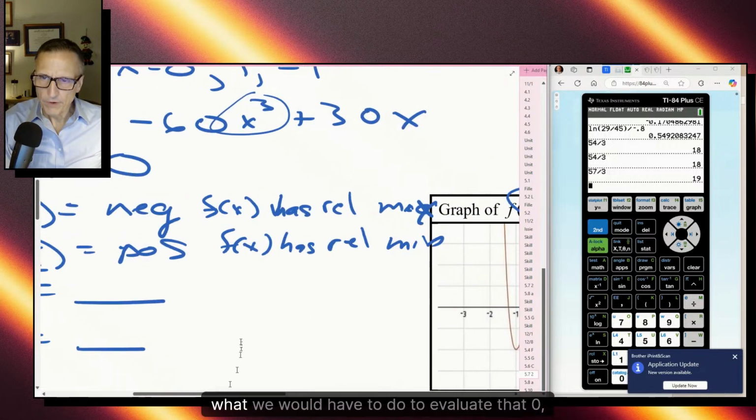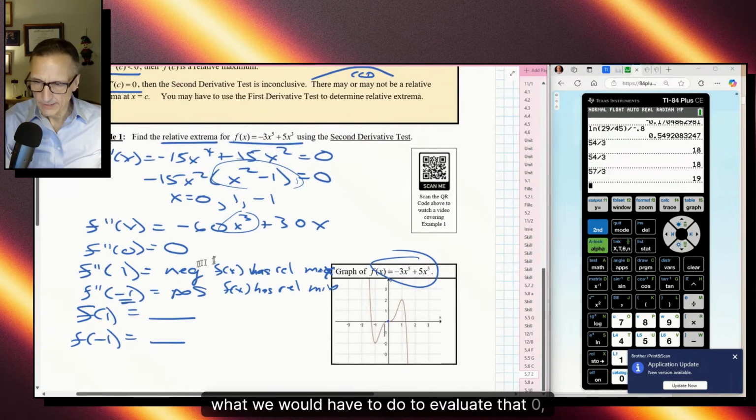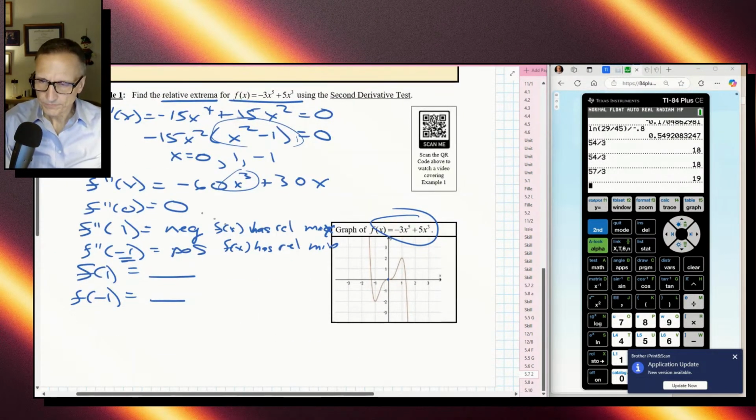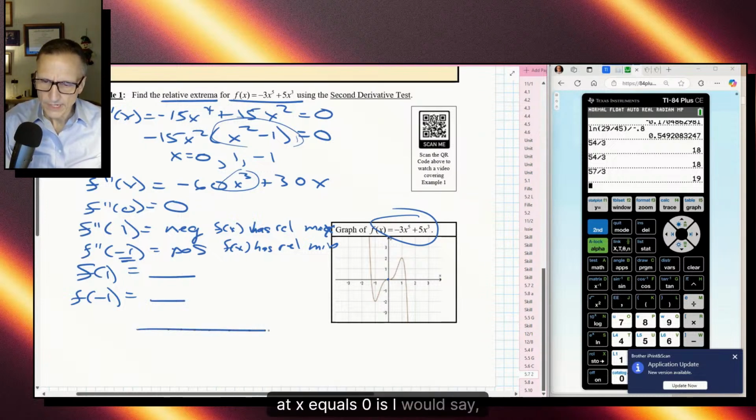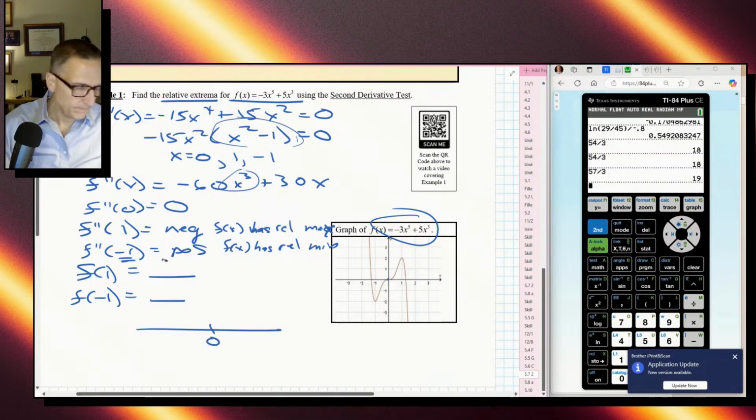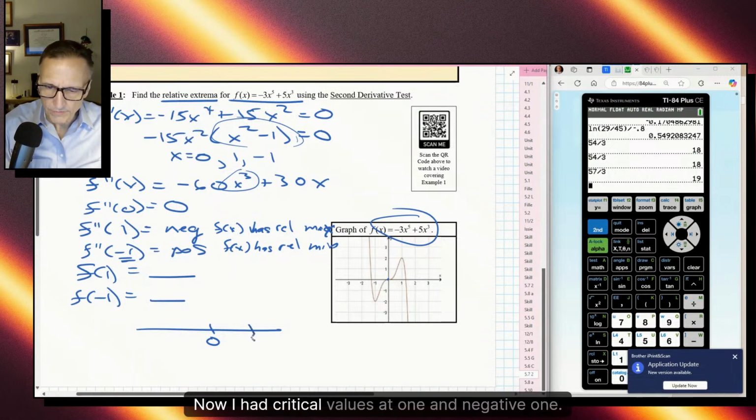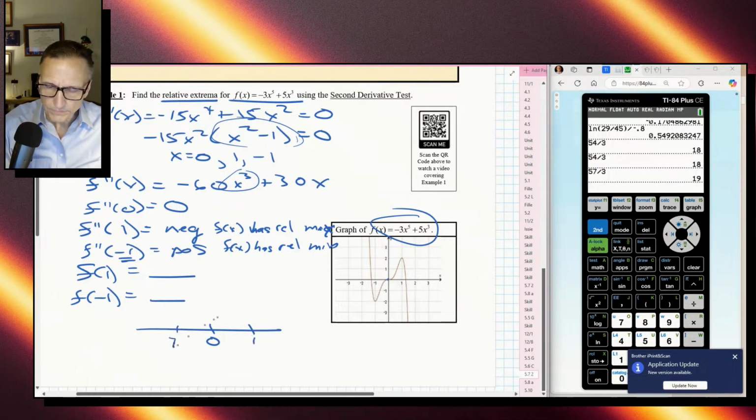But at any rate, what we would have to do to evaluate that 0 at x equals 0 is say, okay, let's go back to the number line test. Now, I had critical values at 1 and -1. So I'm going to use 1/2 and -1/2.